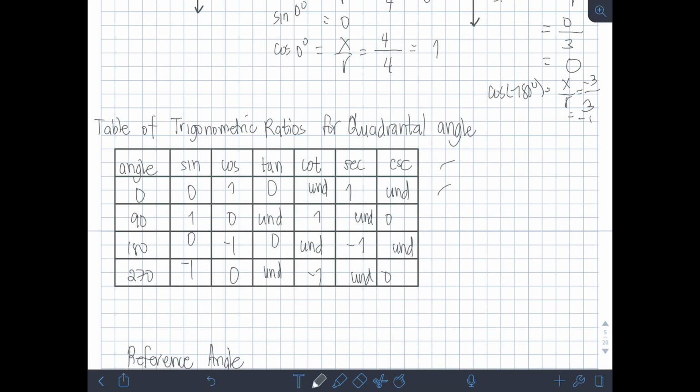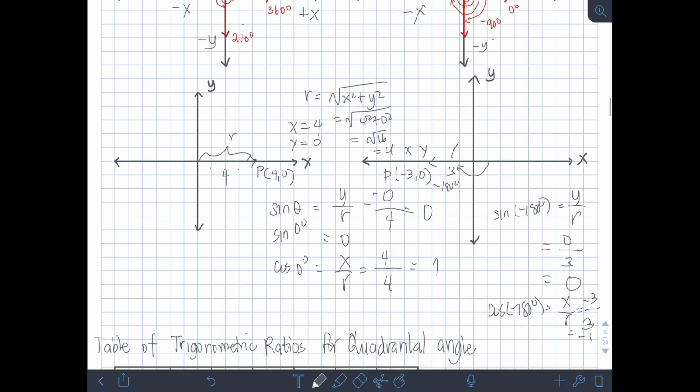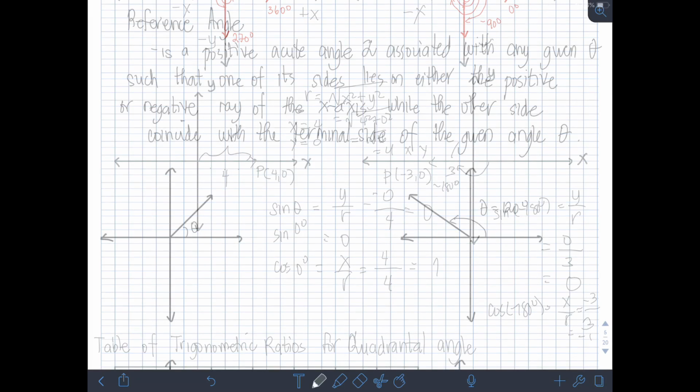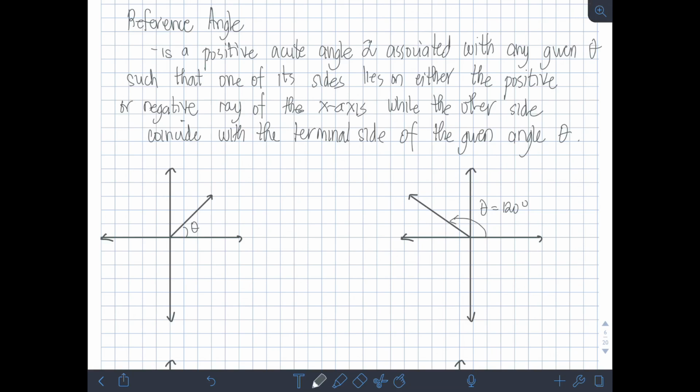So, pwede nyo na lang kabisaduhin or kung hindi nyo kabisado, pwede nyo i-apply yung concept dito sa ginawa ko. Mag-assume kayo ng coordinates din sa point at ibase nyo yung sign base dun sa termination ng angle sa anumang quadrant. Okay? Next, we have the reference angle.